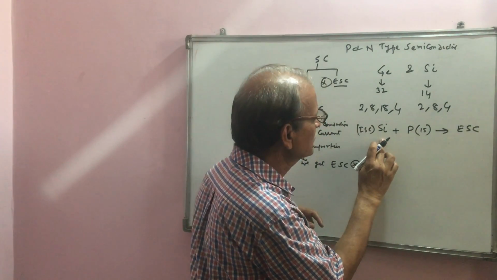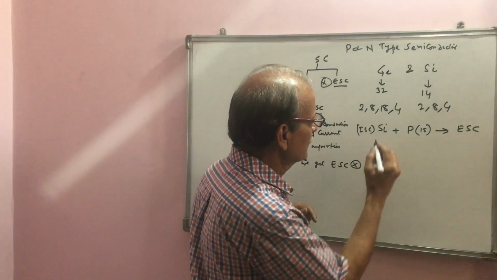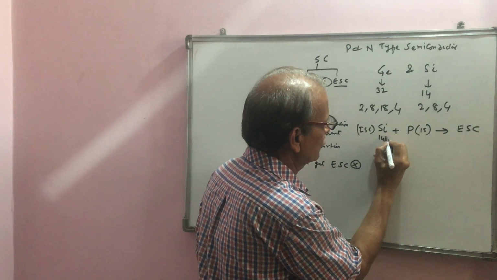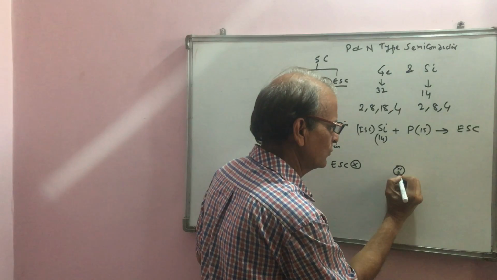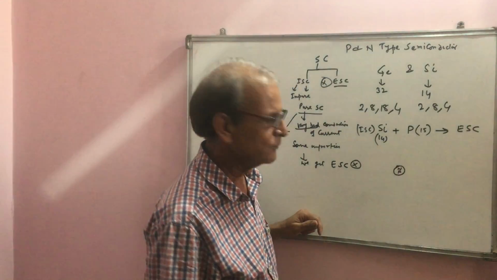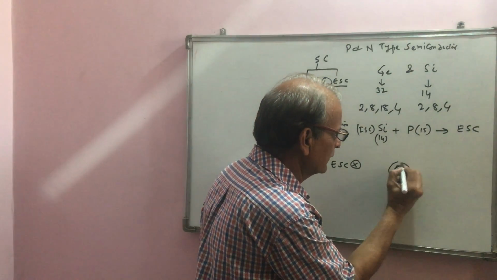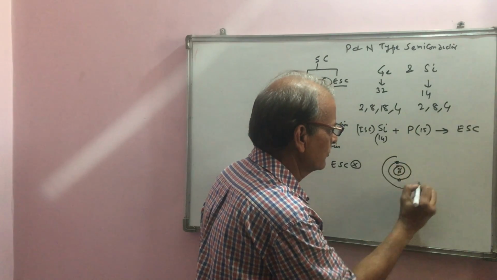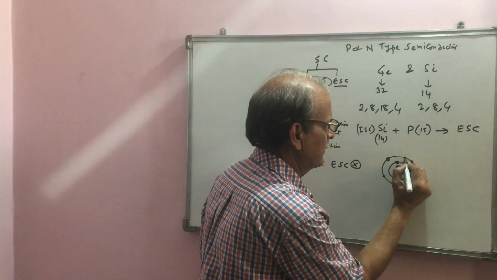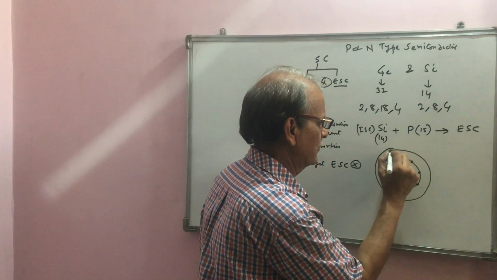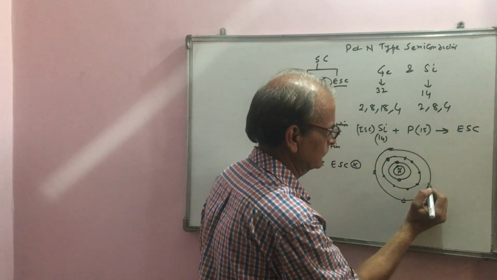Silicon, atomic structure of silicon: atomic number 14. So this is the nucleus. In this we have neutrons and protons. First orbit will contain 2 electrons, second orbit will contain 8 electrons, and third orbit will contain 4 electrons.